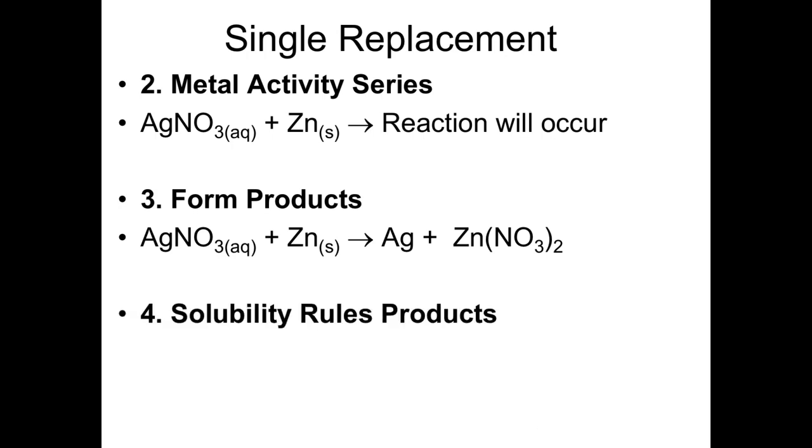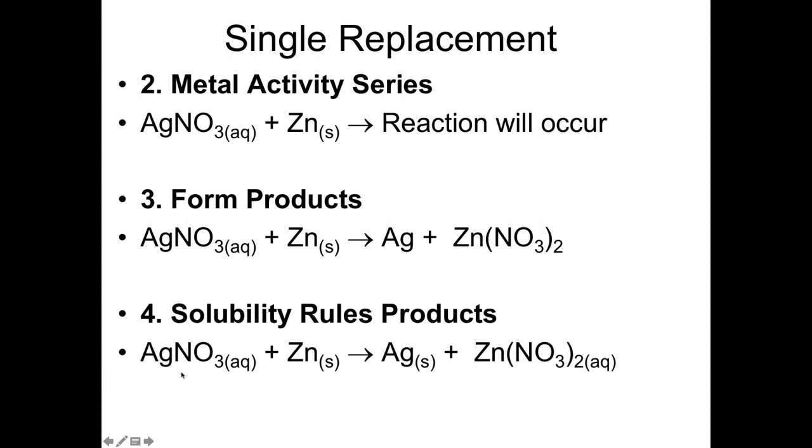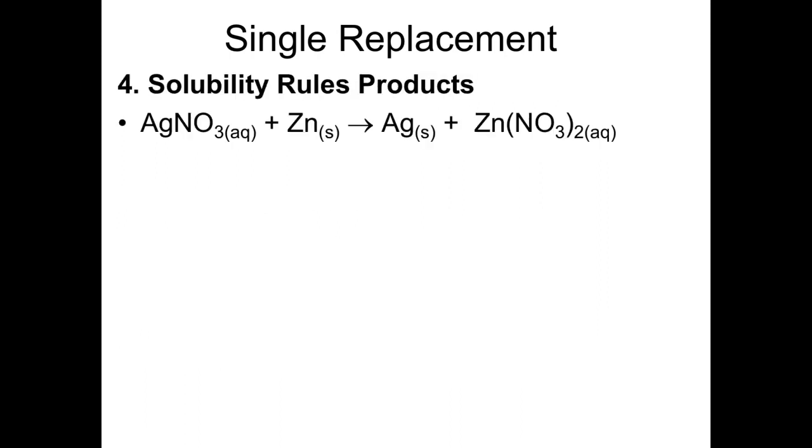So when we look at the solubility rules, AgNO3 is aqueous, zinc is a solid. Then silver is going to be a solid by itself, and zinc nitrate is going to be aqueous from the solubility rules. Then I want to look at the solubility rules of that. So we have solid, we have aqueous.